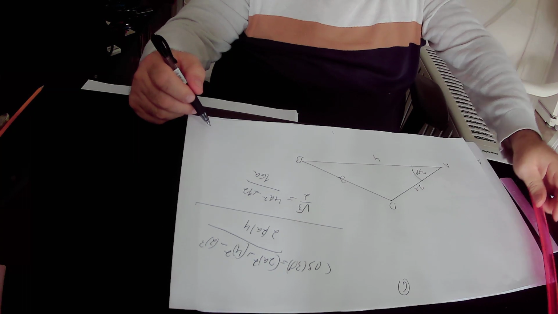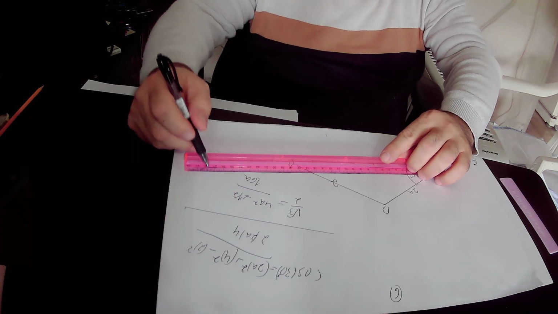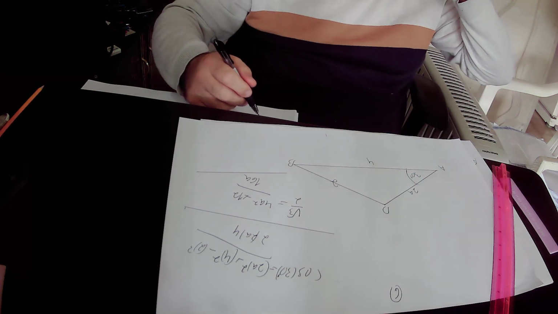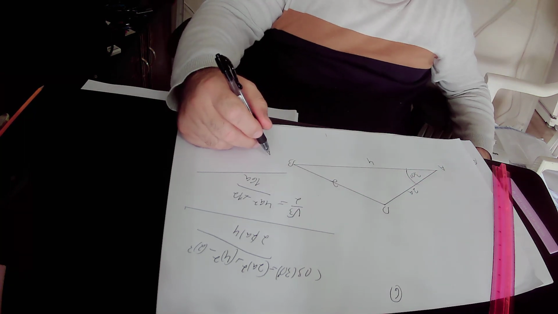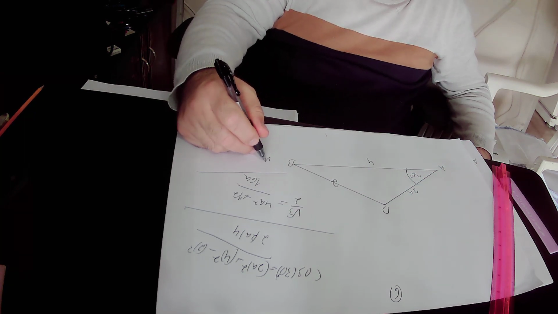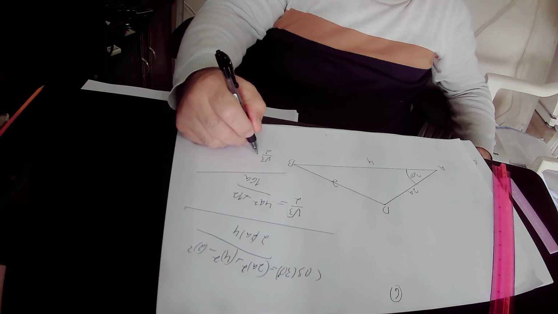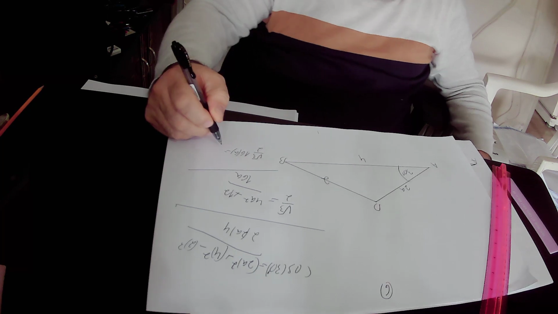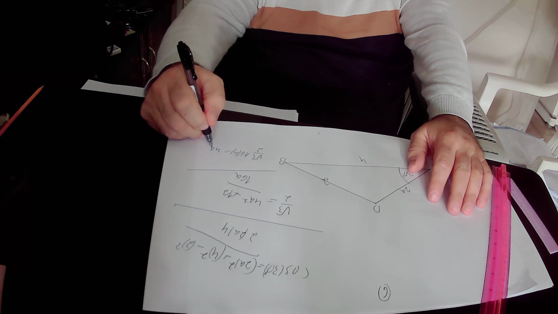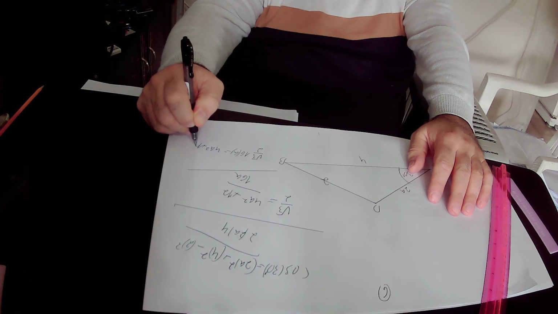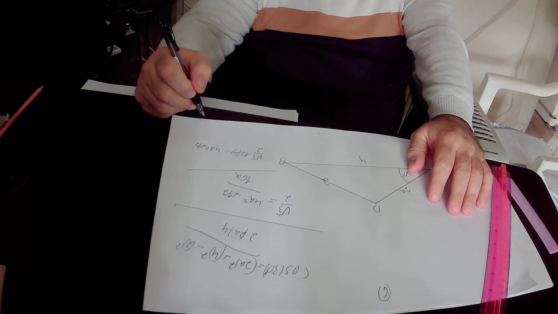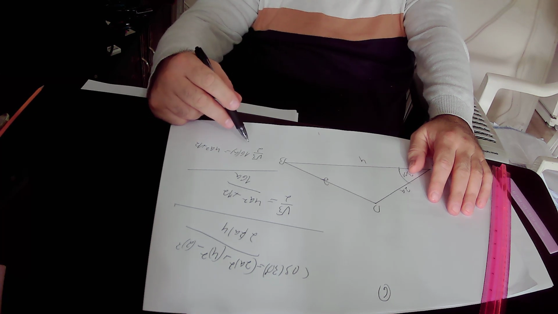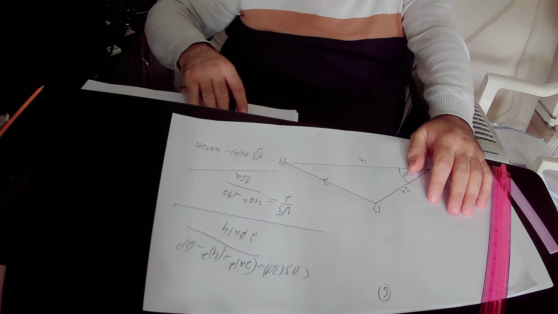We will multiply this equation by 16a, and we will get that square root of 3 over 2 times 16a equals to 4a squared plus 12. Here 16 over 2 is 8, so I write it down.